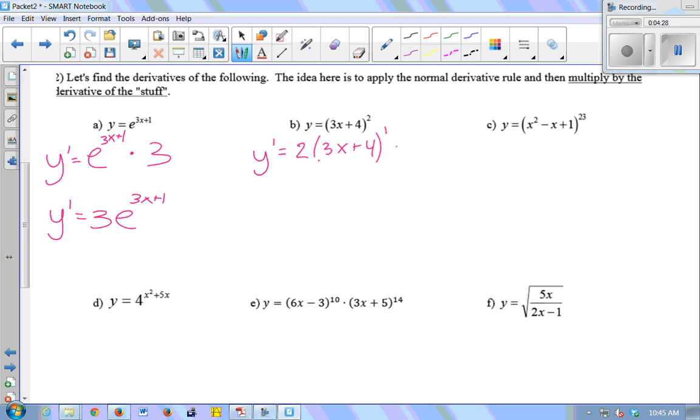What's the derivative of 3x plus 4? 3. If you only have to do one or two steps to simplify your derivative, go ahead and do it. Multiply 2 times 3, and you get 6 times 3x plus 4. Or even a second step and distribute: 18x plus 24.